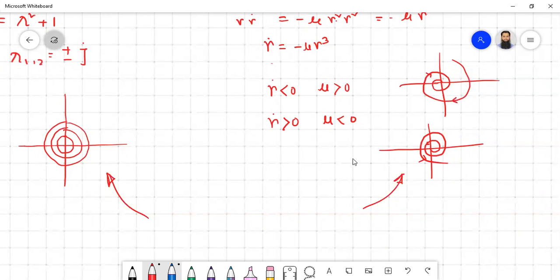Near the equilibrium point, it may behave temporarily like an oscillatory system, but in real life, this is actually a stable or unstable focus based on the values of mu, whether they are positive or negative.